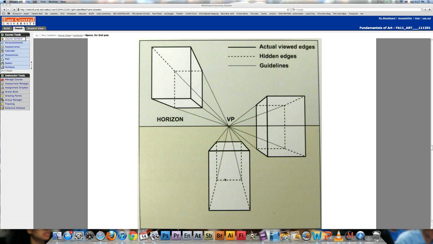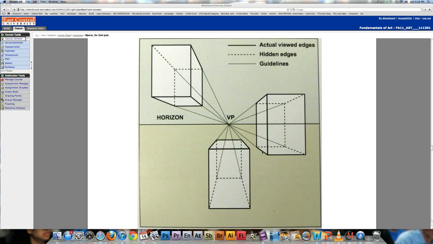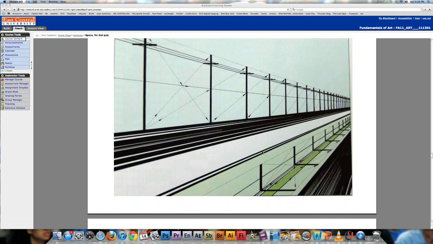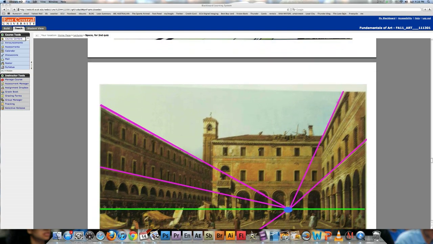This one that's below the vanishing point, we cannot see the bottom, okay, but we can see the top. We couldn't see the top of this cube that's above the horizon line. And there's an example of the telephone poles.